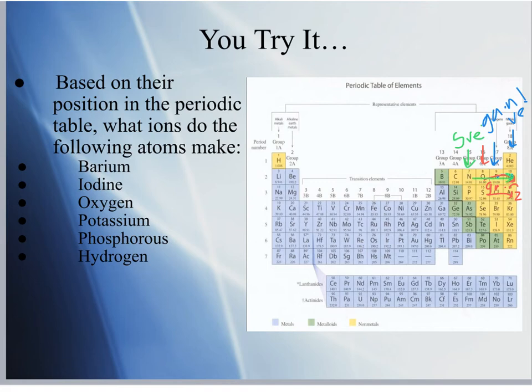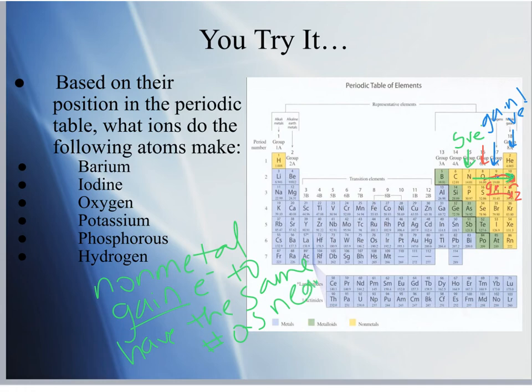So we're going to gain 3 valence electrons in order to get as many valence electrons as their nearest noble gas. So bottom line, remember we already talked about non-metals gain electrons to have the same number as the nearest noble gas.